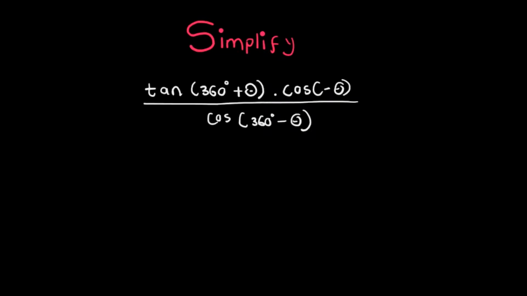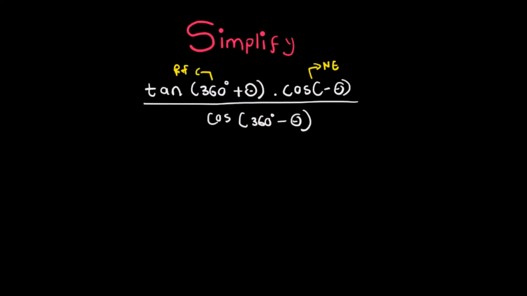Okay, so now we are going to simplify this expression here. First thing we're going to do, looking at this part here, is apply our reduction formula. And looking at this one here, it's negative angles, right?